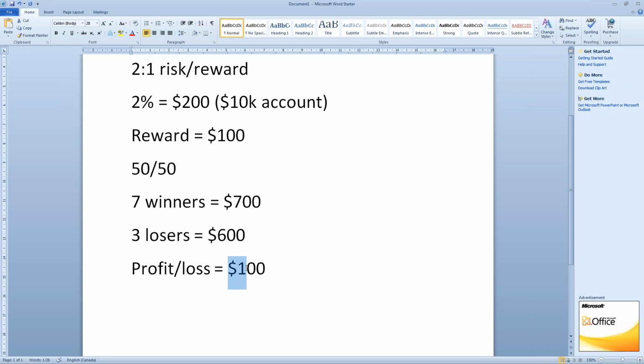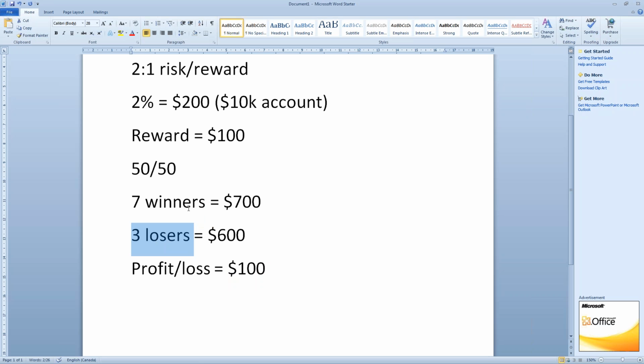That's how you're going to increase your profitability. Not by trading more often, but rather by making sure that those 7 winners you take, you don't take more than 3 losers, because that's going to be your tipping point.